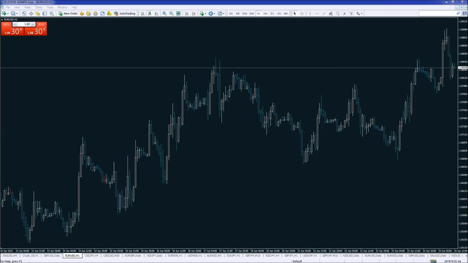So, getting back to our system, today's trading system will use a bit of a cleaner chart than we've been using the last time. This particular system focuses on Fibonacci retracement and the stochastic oscillator.